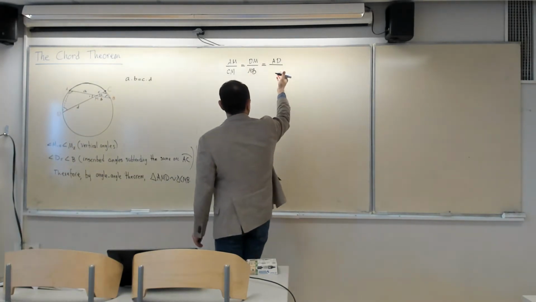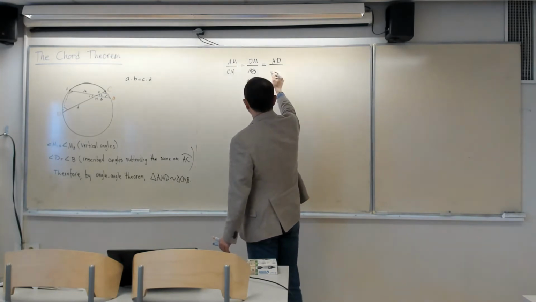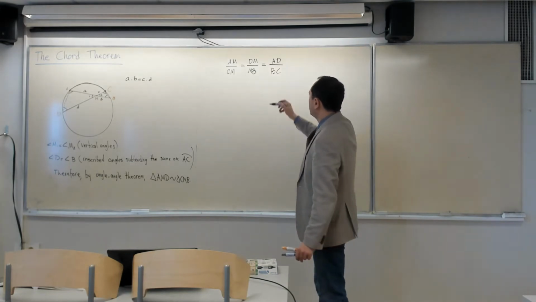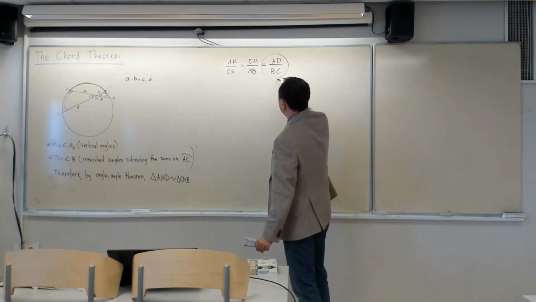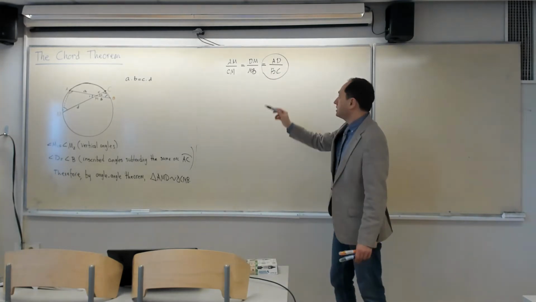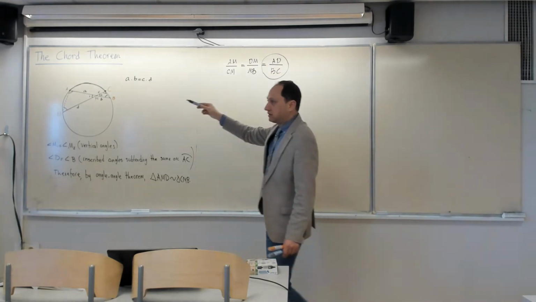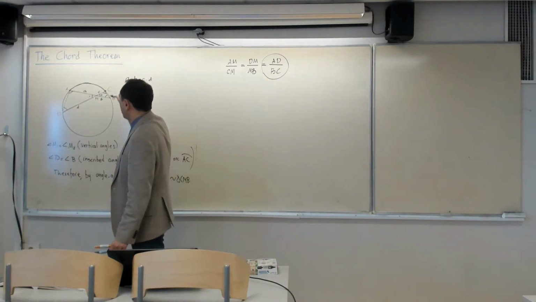And of course, you don't need to think about the last one because the only one left is what? BC. It is true for this problem, but it is useless. So you don't need to consider this at all, yes? Because this is saying something about AD and BC. But I don't want to prove something about AD and BC.